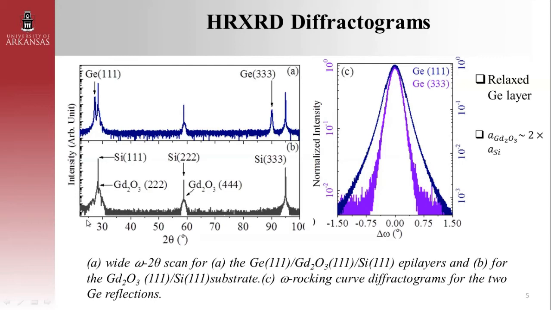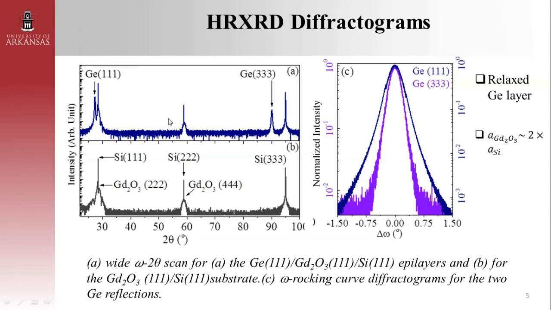Here the Bragg positions of silicon 111 are superimposed with gadolinium oxide 222. We see the same reflections for these planes at the same Bragg angle. This is because the lattice constant of gadolinium oxide is twice the lattice constant of silicon, and both have the same cubic structure.